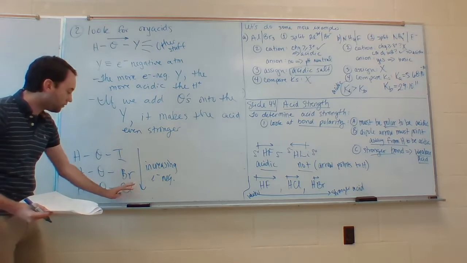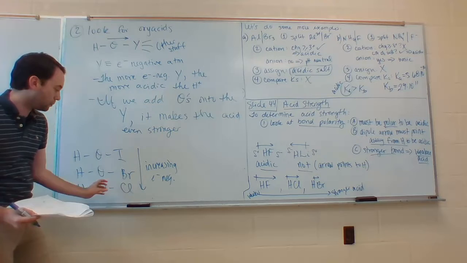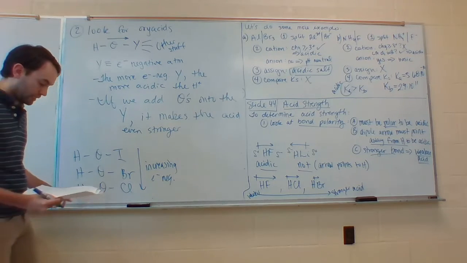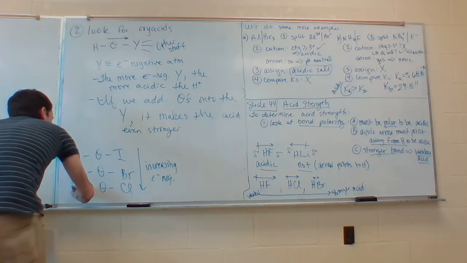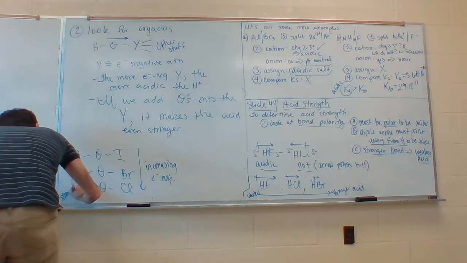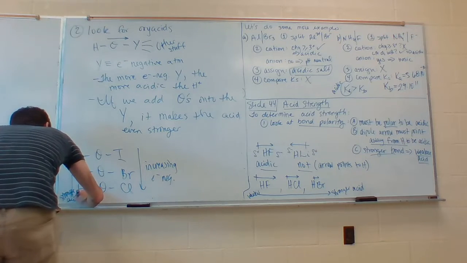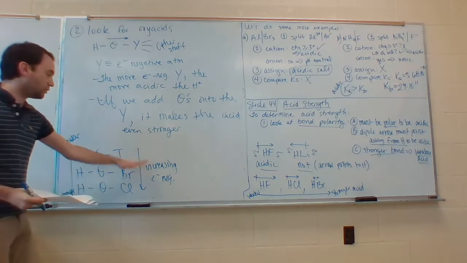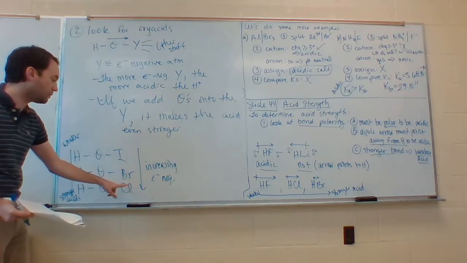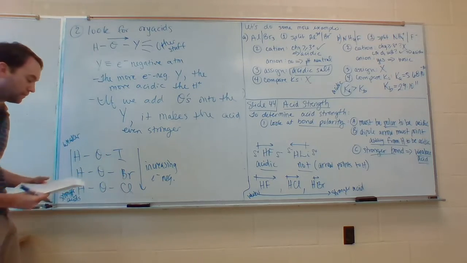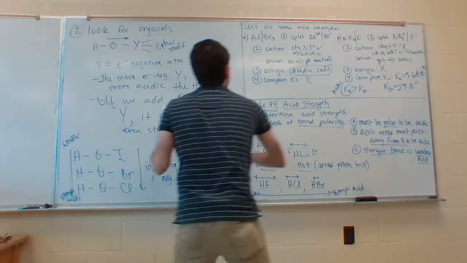So if this is the strongest in pulling, like it's the most electronegative, that means that this is our stronger acid. And this is going to be weaker. Okay? So as we increase our electronegativity of the element that is attached to the oxygen, we get more acidic. Right? So that's that first idea.